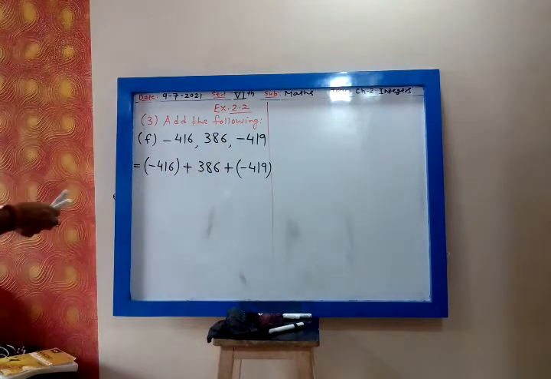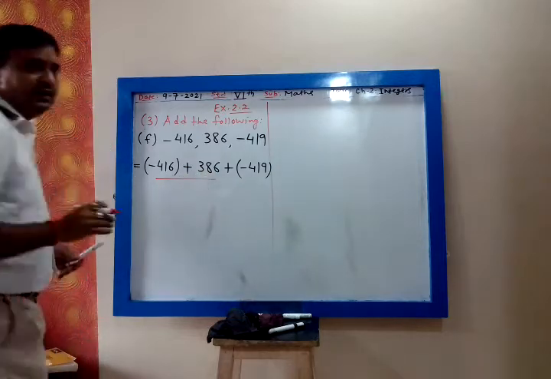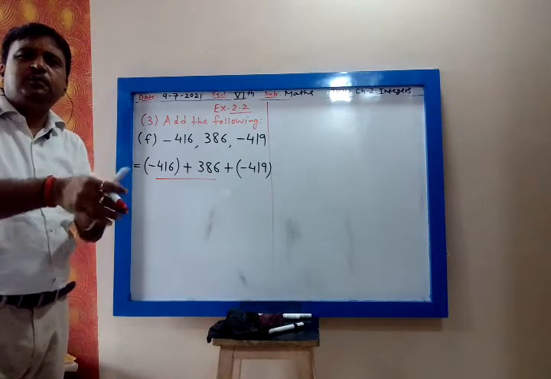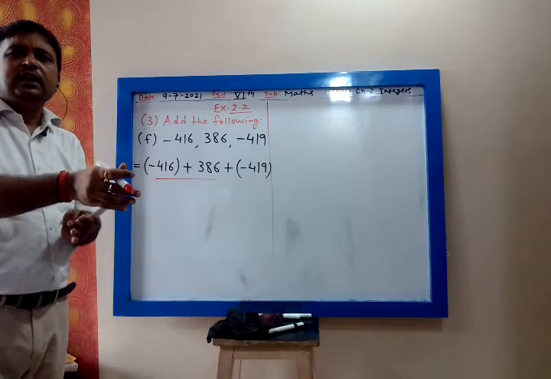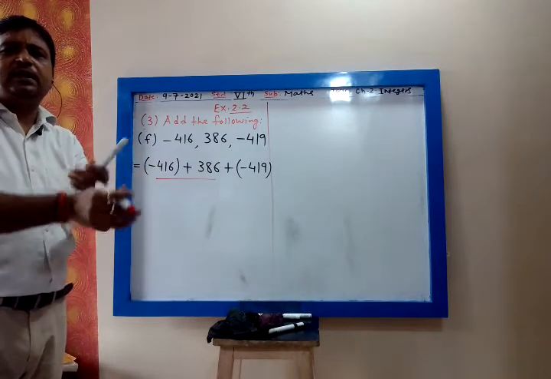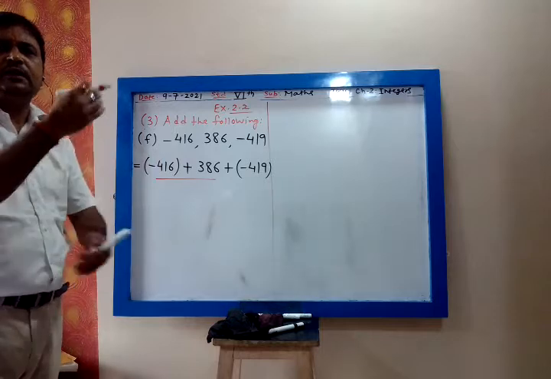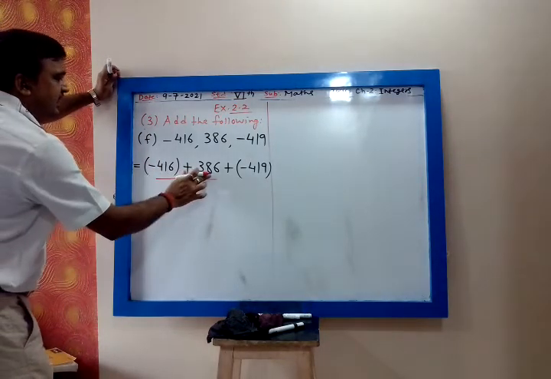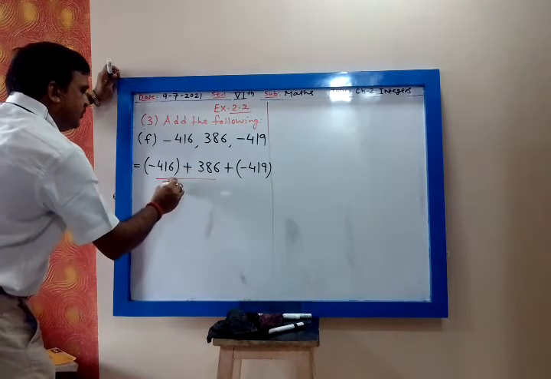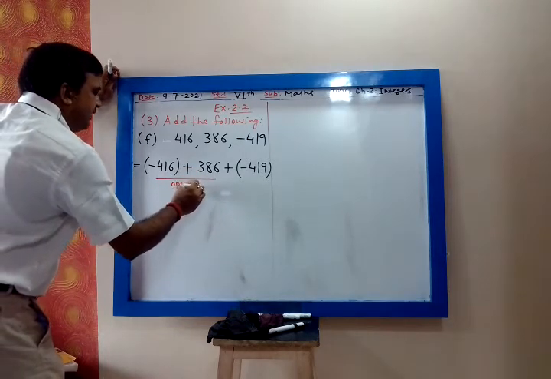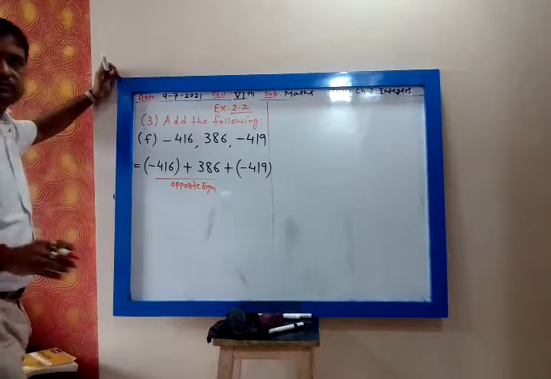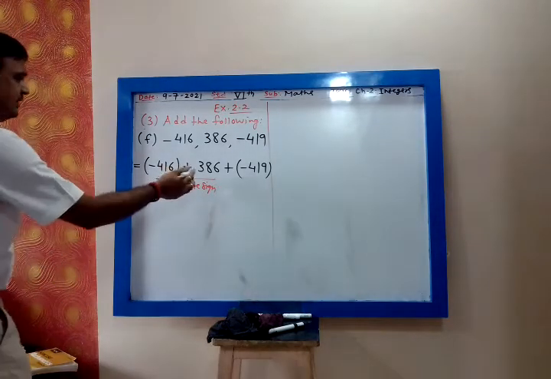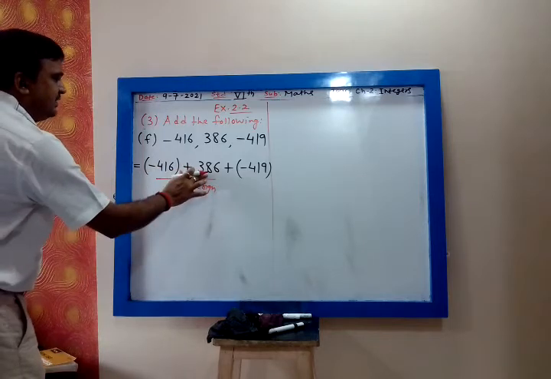Now let us first solve these two. And in addition, I have explained to you, whenever they have the same sign, you have to add the number and take the common sign. And whenever they have different signs, you have to subtract the smaller number from the bigger number and take the sign of the bigger number. Now let us see the sign. This is 416 with minus sign, 386 with plus sign. So they have opposite signs. Whenever they have opposite signs, you will subtract. So 416 minus 386.